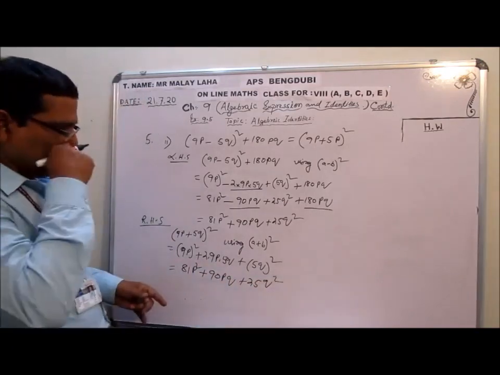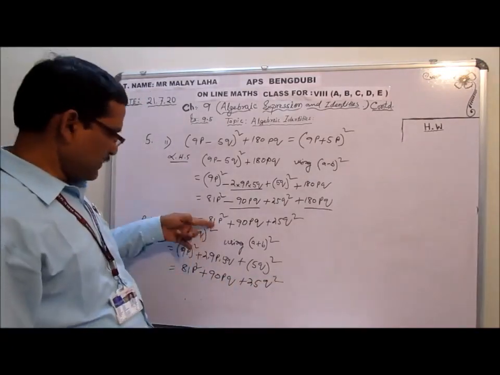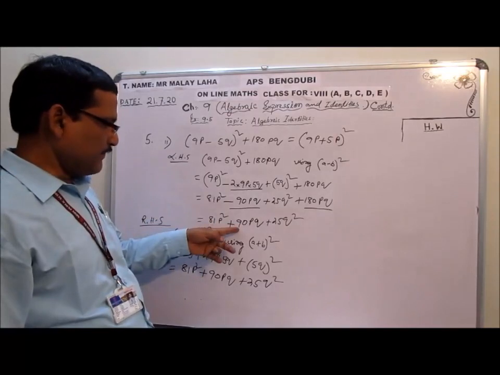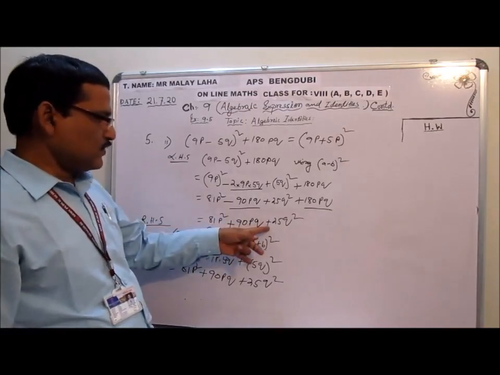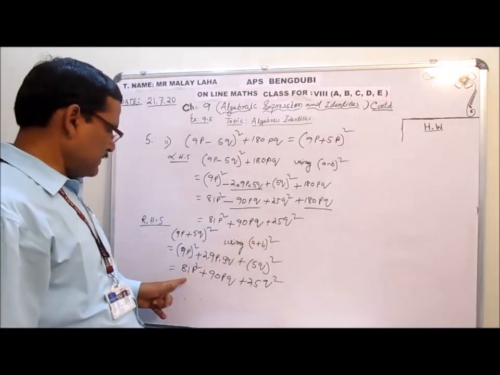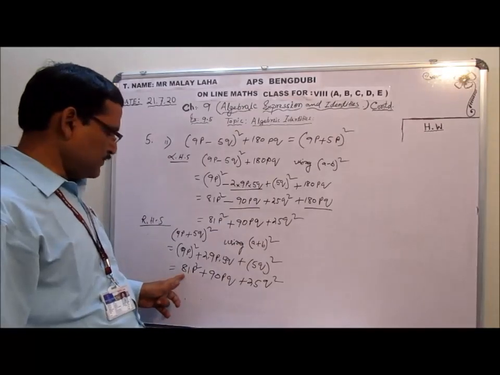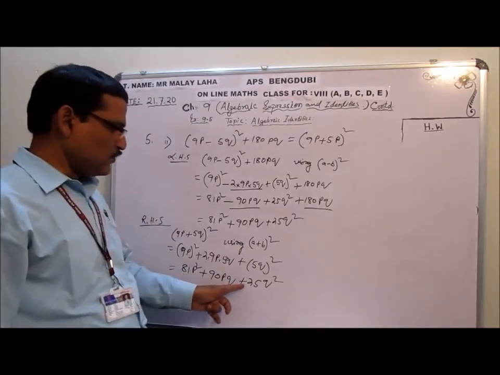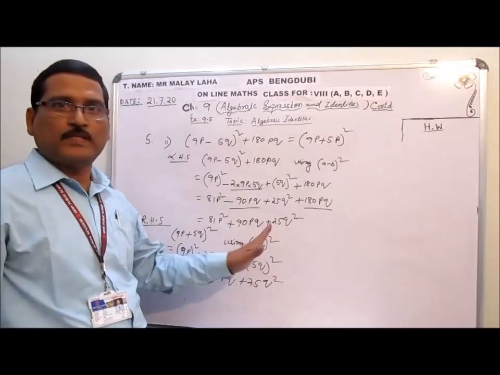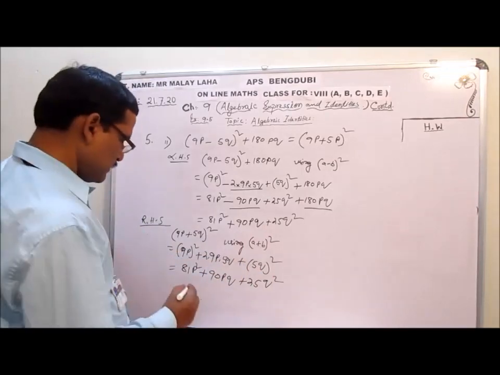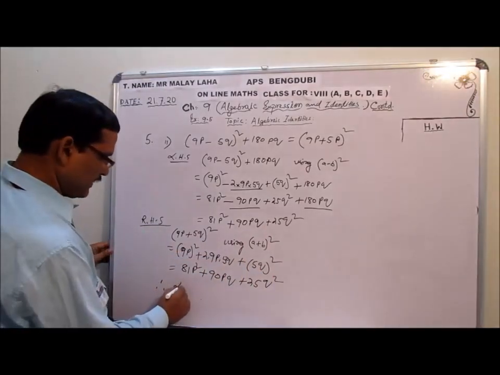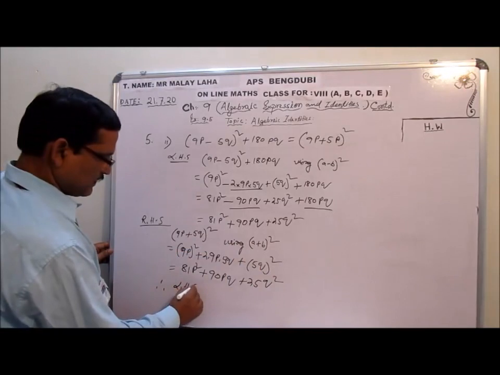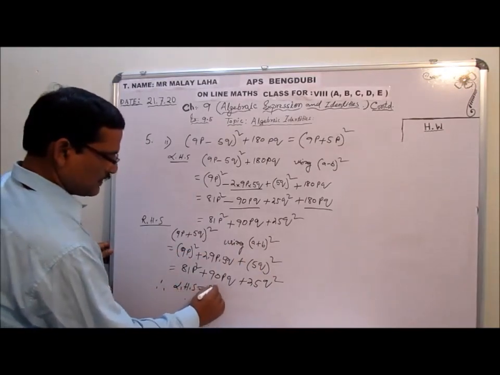You see, the left hand side result is 81p square plus 90pq plus 25q square. The right hand side result is also 81p square, 90pq, 25q square. So both sides are equal. So therefore we write down LHS equals to RHS.